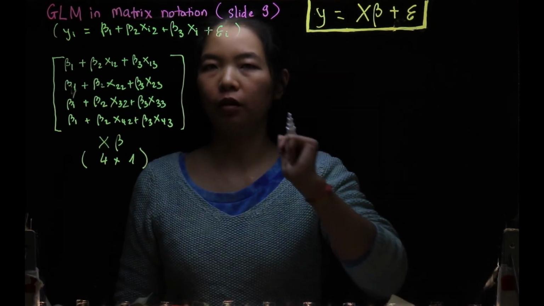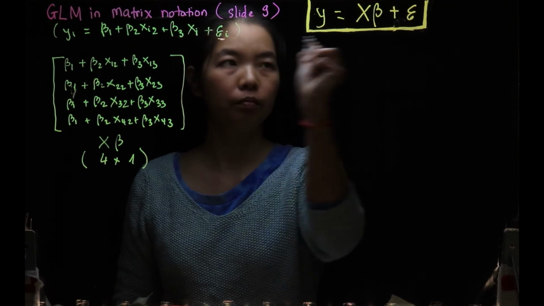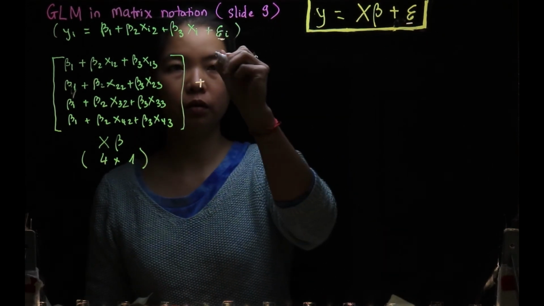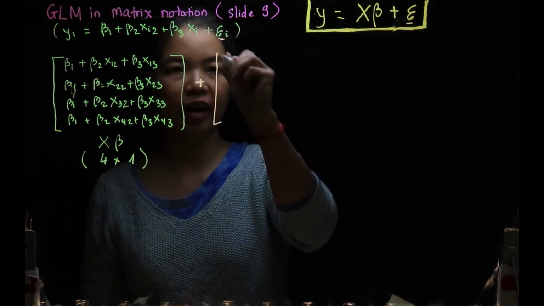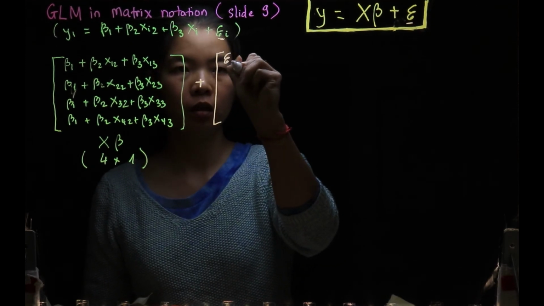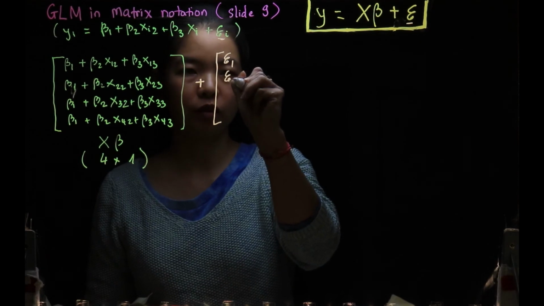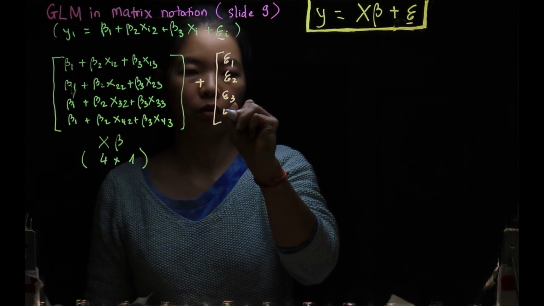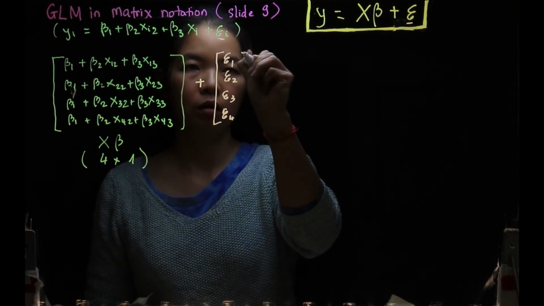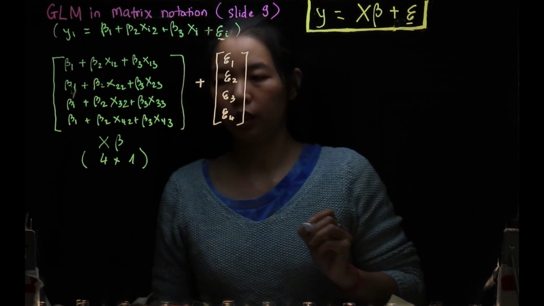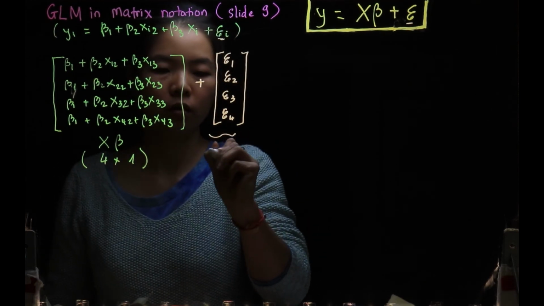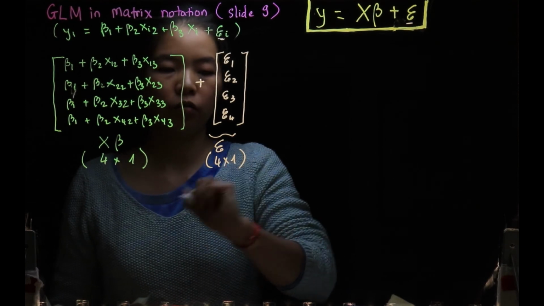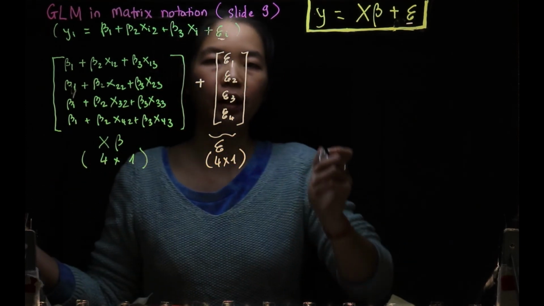Okay. Now only the epsilon is missing. So what we do is sum it with the vector of the error term, which is a column vector and has 4 rows. This is epsilon, and it also has 4 times 1 elements.